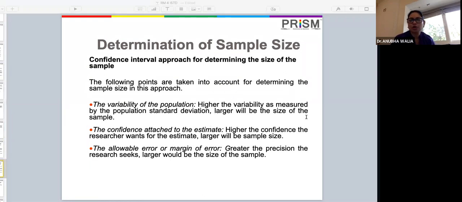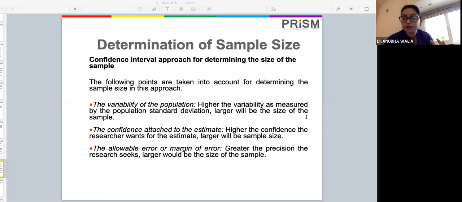Yeah. So I was talking about the sample size. There are certain things that need to be taken care of. First is the nature of the universe, which I already talked about: it can be homogeneous or heterogeneous. With homogeneous items in the universe, a small sample can serve the purpose, but with a heterogeneous one, a large sample would be required.